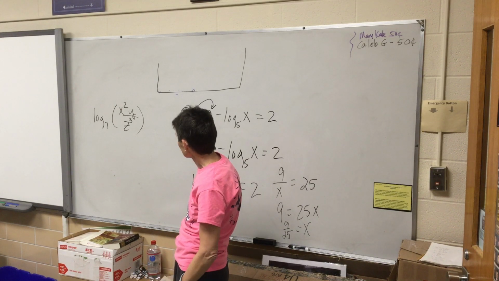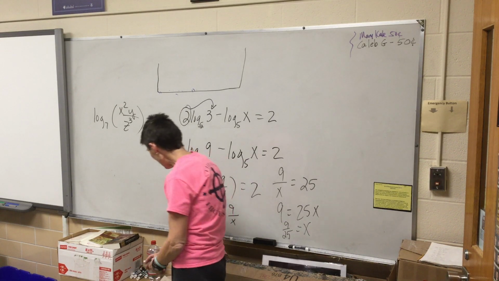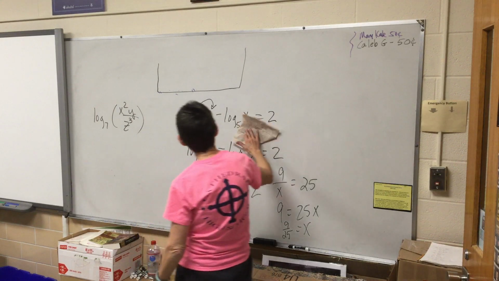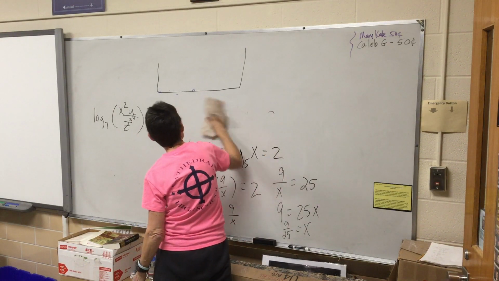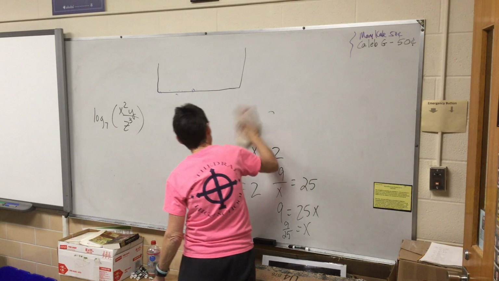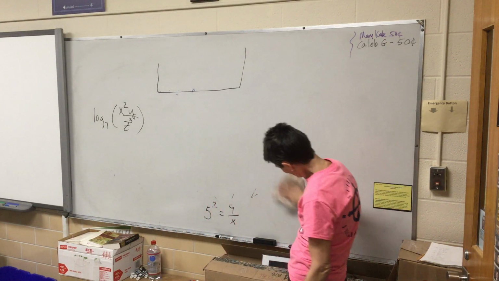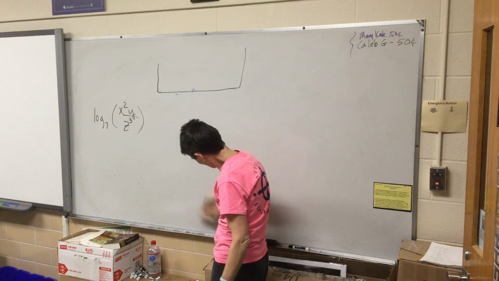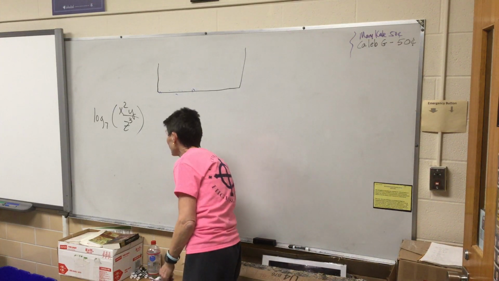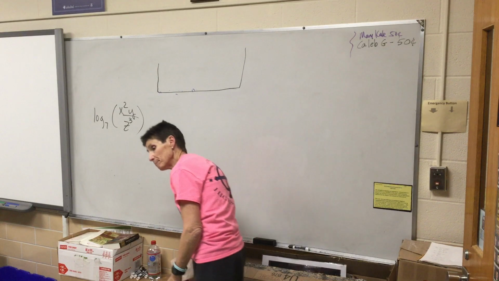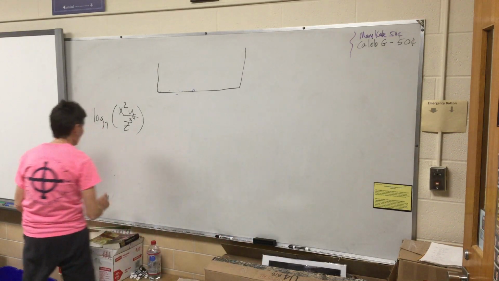All right? Does anybody have a thought on what the first step might be as we start pulling this thing apart? You're going to subtract. Yep. Break it apart. Yep, exactly.